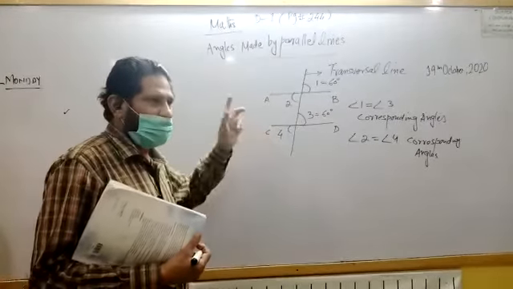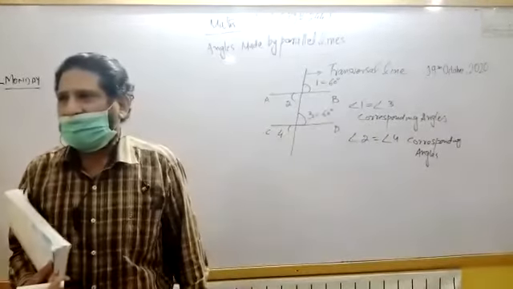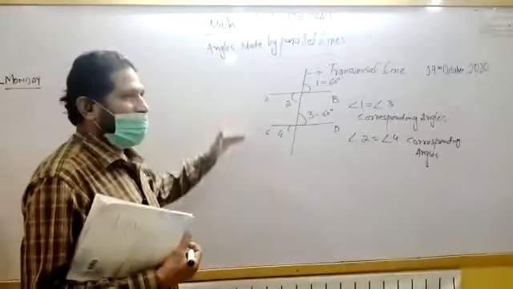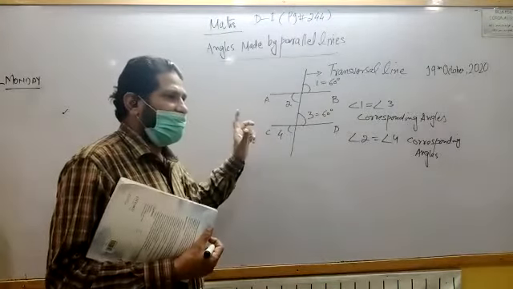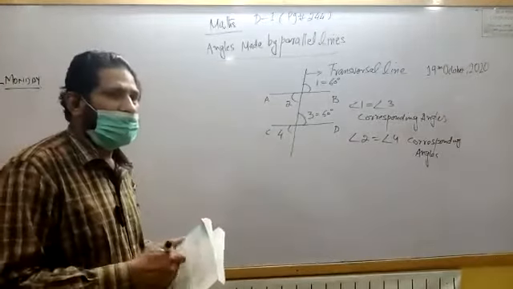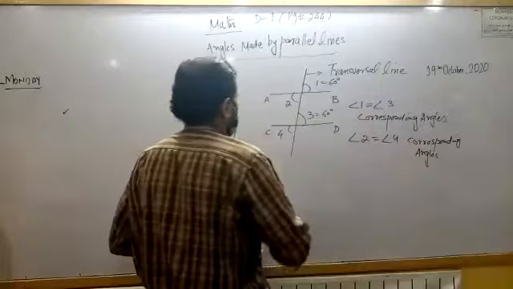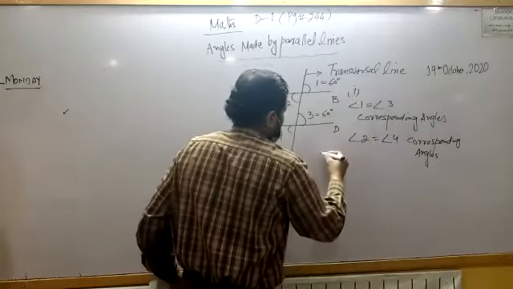So this connection is totally different. When the connection of two angles on the parallel lines made by the transversal is different, then they are called alternate angles.